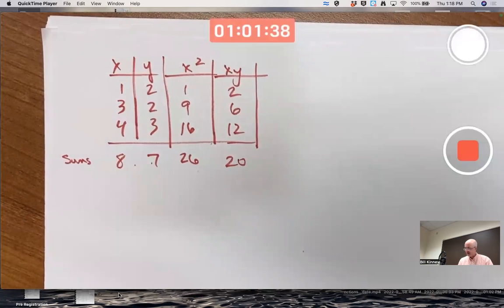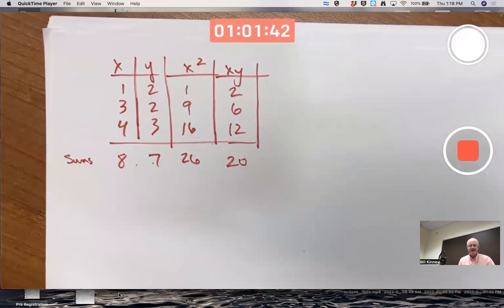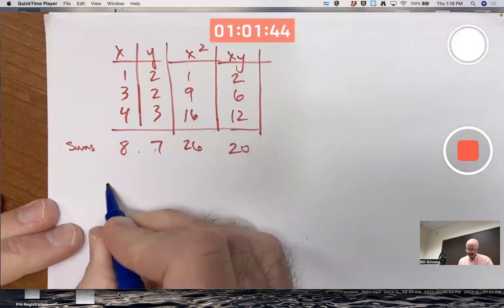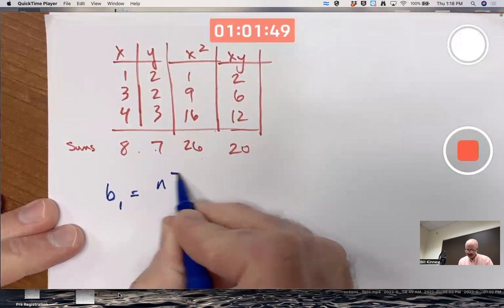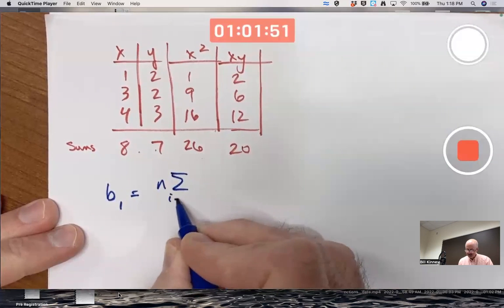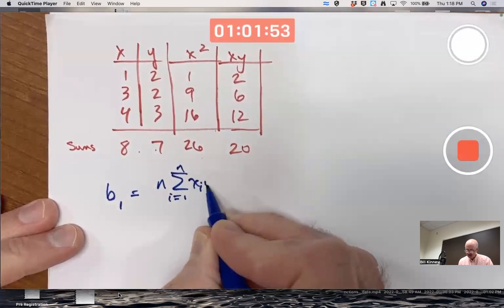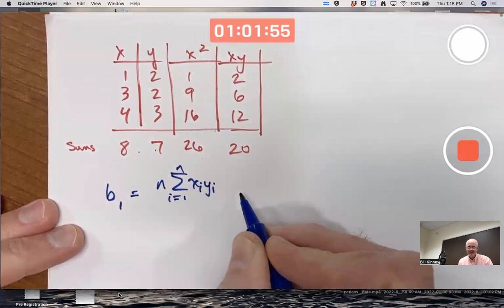Then the formula, let's see if I can remember it without looking. B1 was, can I do it? N times the sum, i goes from 1 to N, of Xi Yi. Am I right? So far, so good.